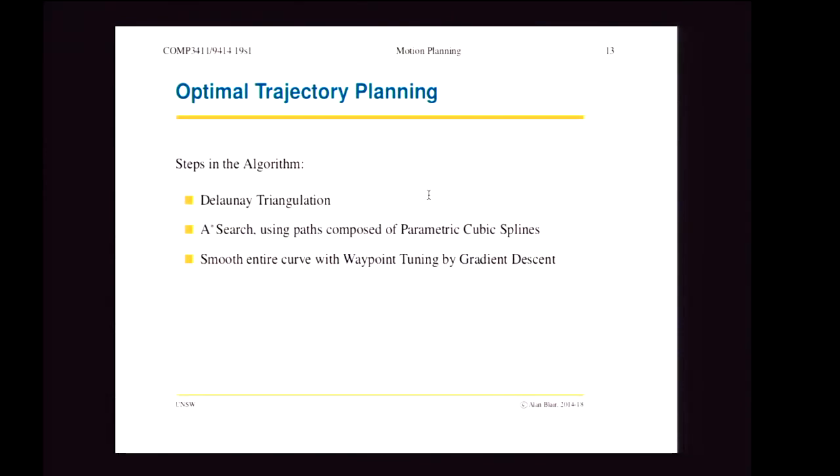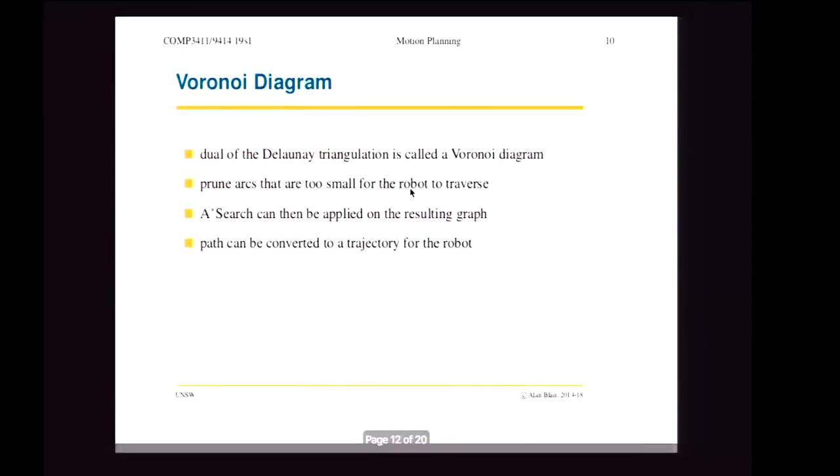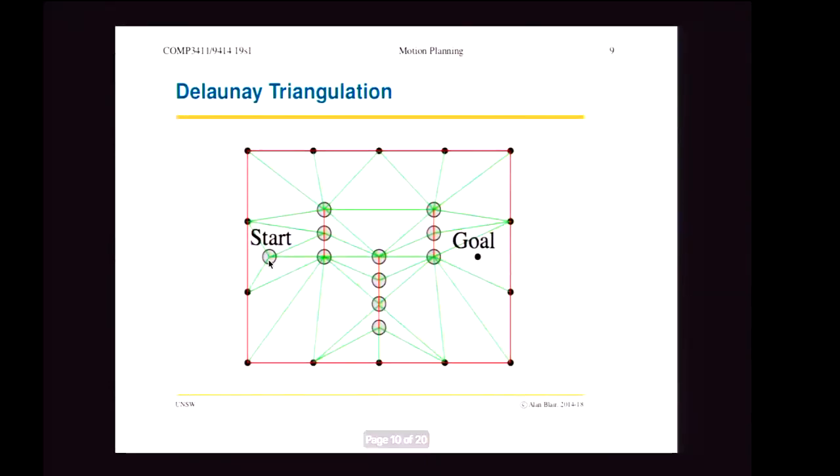Okay, so this is the system that we developed for this optimal trajectory planning. First we do the Delaunay triangulation. Then we do A star search, but if we apply it directly, it's going to give us a piecewise linear path.